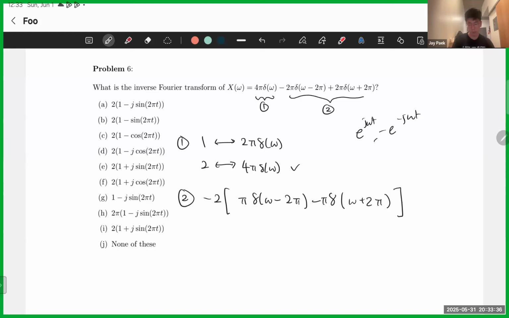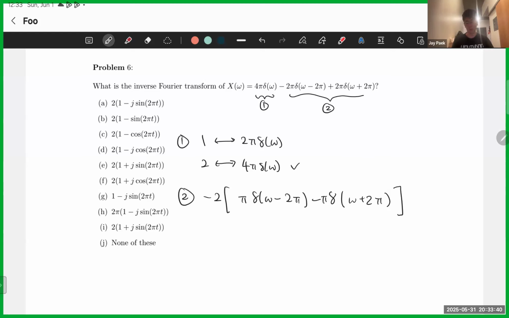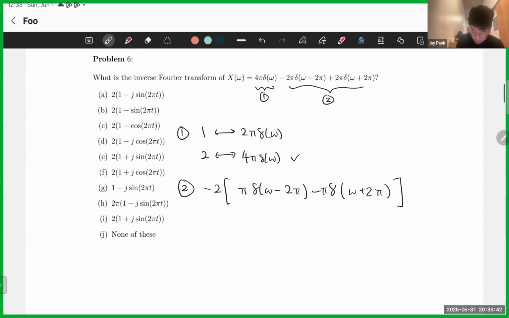And so if you see this parallel, it'll be very convenient for you to see that the Fourier transform of this will just be negative 2 times the Fourier transform of, let me just rewrite for elaborate.